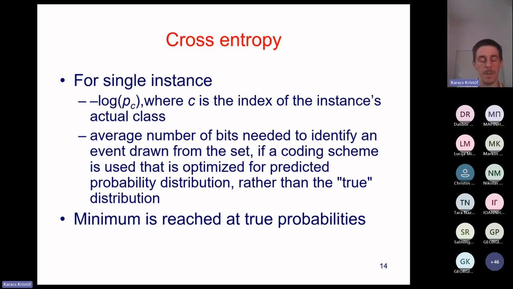But if you are using it for a classification problem where the labels have no probability values assigned, then you have to assume that the correct labels have 100% probability and the negative labels have a 0% probability. And in this scenario, the minimum is reached at the true probabilities, similarly to the plain classification scenario.